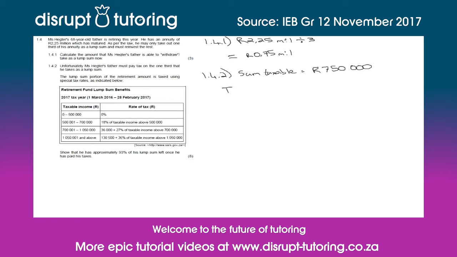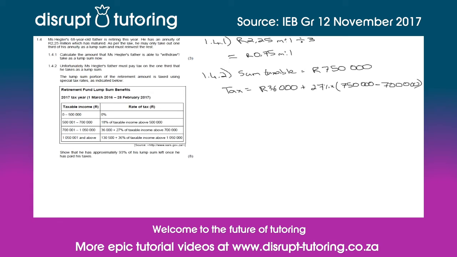So what we have to do is write this down. Your tax will equal that 36,000 rand as per the table, plus 27% of the amount above 700,000. So it'll be 27% times your total, which was 750,000 minus 700,000, because this will give us the amount above 700,000 rand.